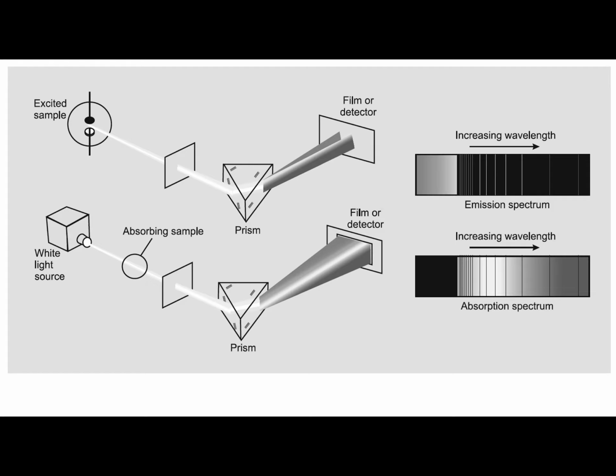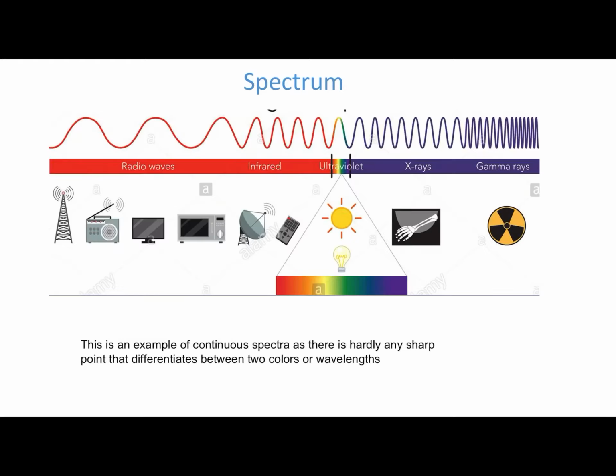When white light from any source is analyzed by passing through a prism, it is observed that it splits up into 7 different bands of color. These colors are so continuous that each of them merges into the next. On passing through the prism, red color with the longest wavelength is deviated least, while violet color with the shortest wavelength is deviated the most.